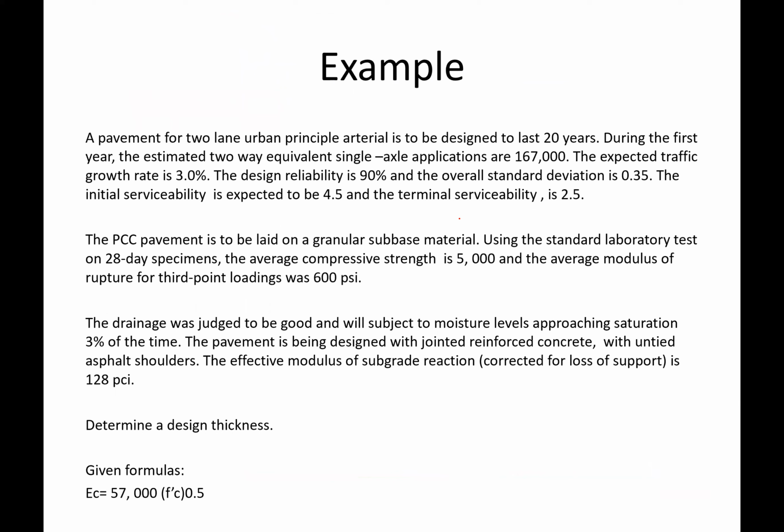Right, so it's given here, a pavement for a 2-lane urban principal arterial, 20 years. During the first year, two-way equivalent single axle applications are 167. So it's ESAL, equivalent single axle load, 167, two-way.